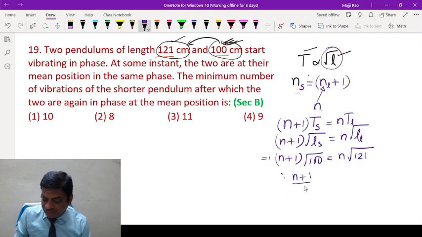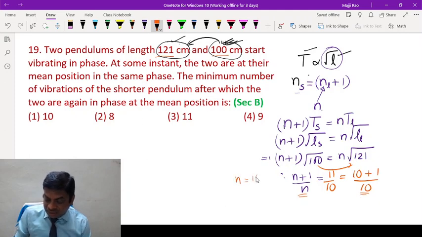So we have n plus 1 by n is equal to square root of 121 is 11 and square root of 100 is 10. So I can straight away write this as 11 by 10, which can be written as 10 plus 1 by 10. So very clearly you can see n is 10.